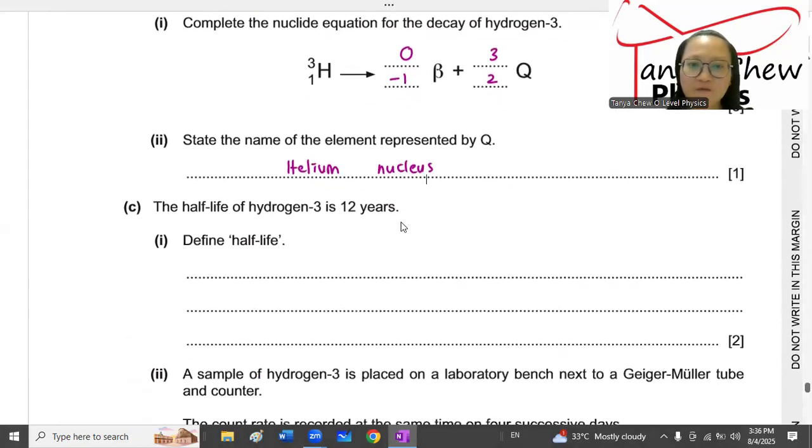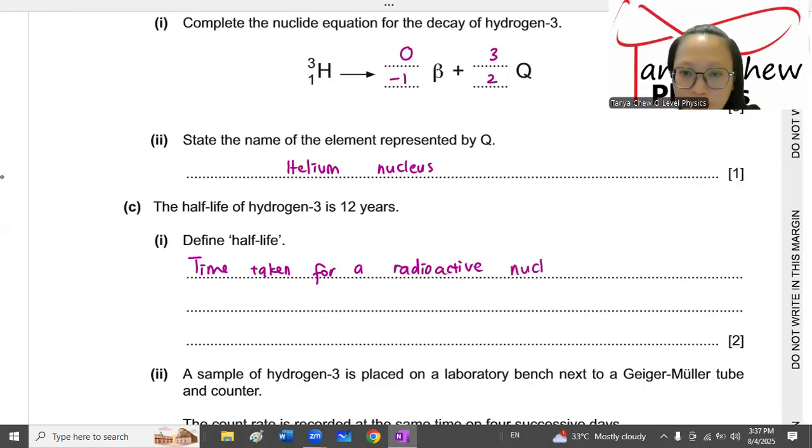C. The half-life of hydrogen-3 is 12 years. Define half-life. You see 2 marks given. Half-life is actually the time. You write down the time, I'll give you 1 mark. Time taken for a radioactive nuclide to decay to half.